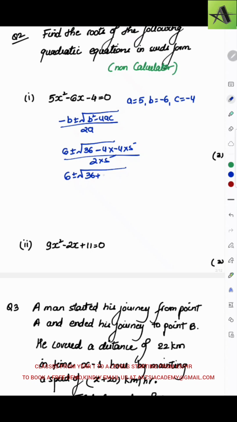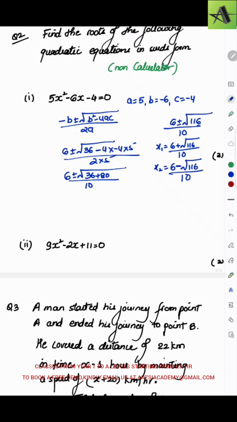So plus 80 over 10. This will give you 6 plus minus root of 116 over 10. So your x1 is 6 plus root 116 over 10, and x2 is 6 minus root 116 over 10. This is how you can calculate this.